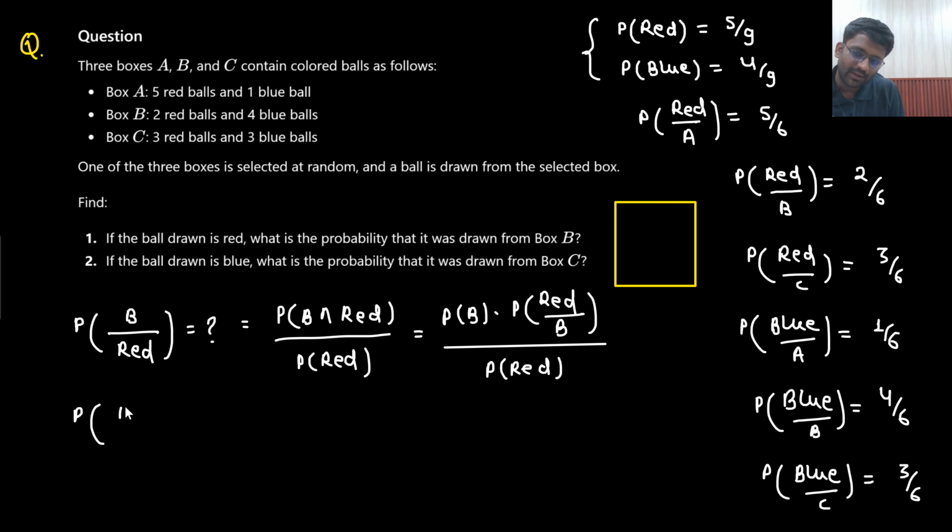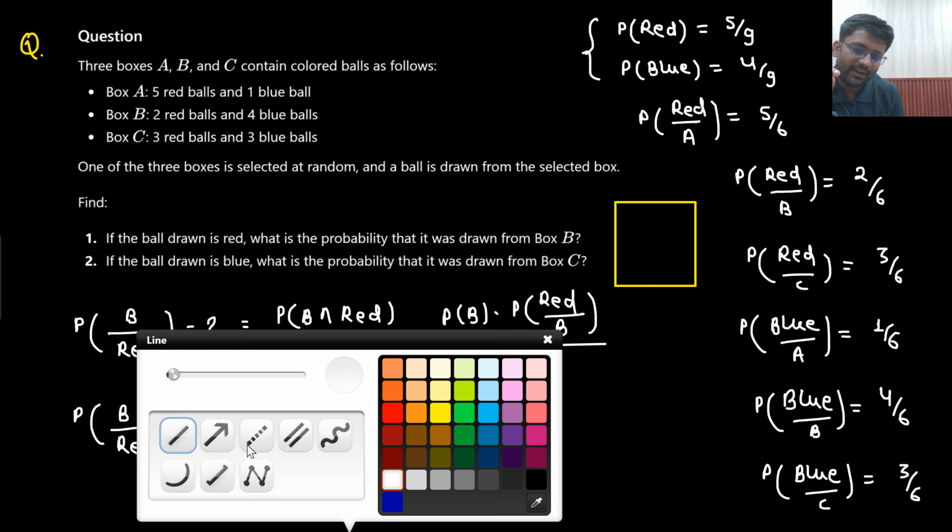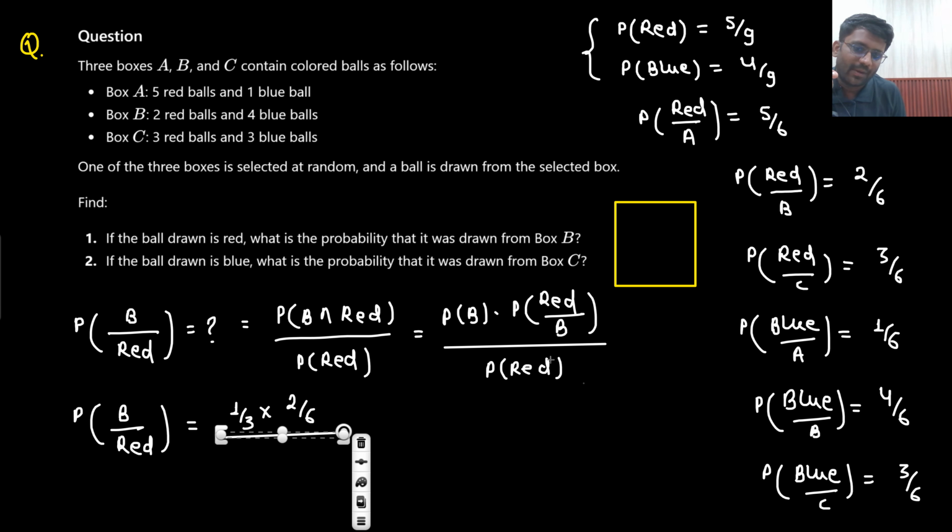So probability of selecting box B given that the selected ball was red would be equal to probability of selecting box B, that is 1 by 3, multiplied with probability of selecting red ball given that box B was selected, that is 2 by 6, divided by probability of selecting red ball, that is 5 by 9.